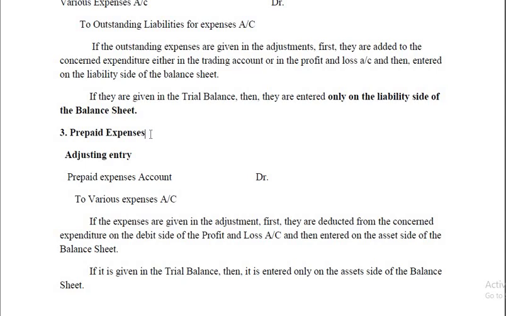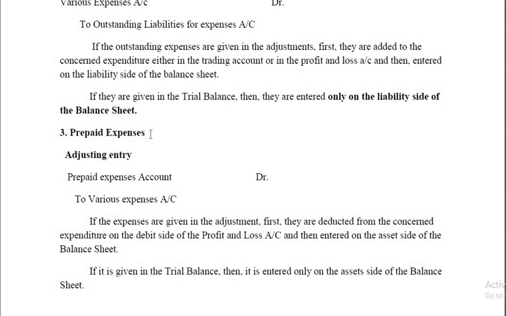How should it be adjusted? If prepaid expenses are given in the adjustments, it should be treated twice. First, it should be deducted from the concerned expenditure on the debit side of the profit and loss account. For example, if it is insurance prepaid, in the profit and loss account debit side, from insurance you have to deduct the prepaid portion of the insurance. Then it should be entered on the asset side of the balance sheet.